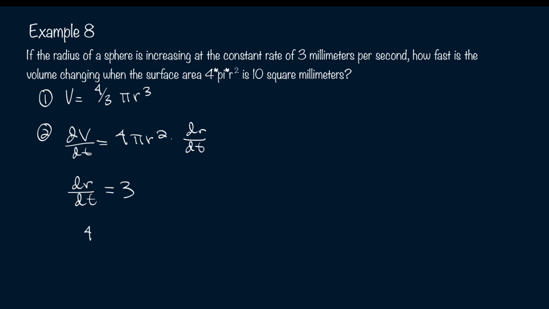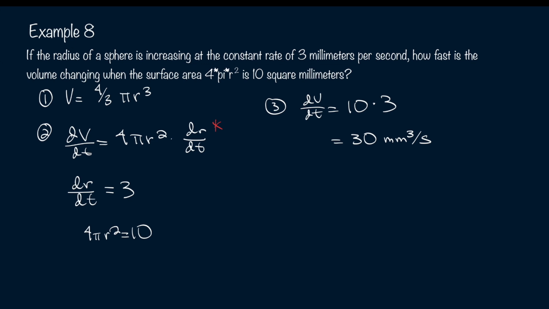And we also know that 4πr² is equal to 10. So again, we're going to take this equation and plug it in. So dV/dt is equal to 10 times 3, which is just equal to 30 millimeters cubed per second.